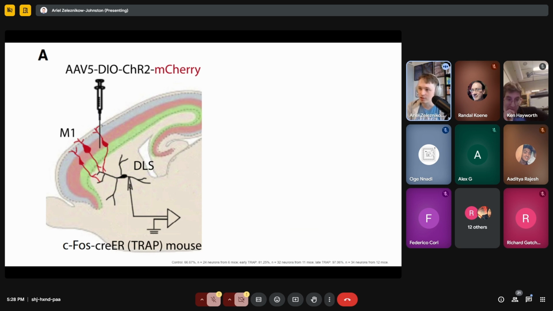And what they do in this particular experiment is, instead of just looking at how the M1 neurons are naturally active during the motor tasks, they also want a way of artificially stimulating those M1 neurons that are either part of the engram for doing the reaching task, or just random M1 neurons.